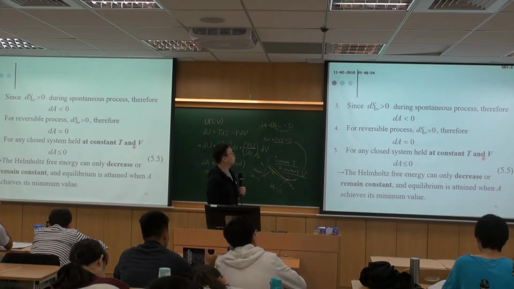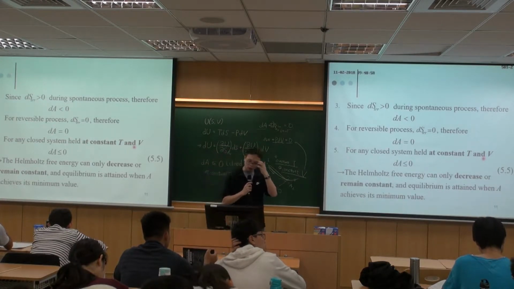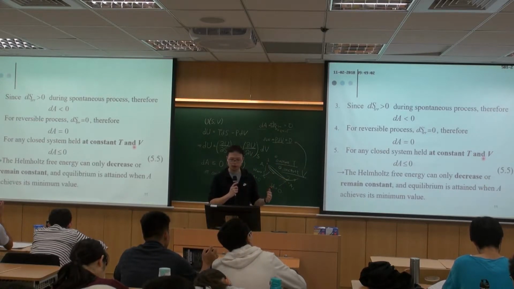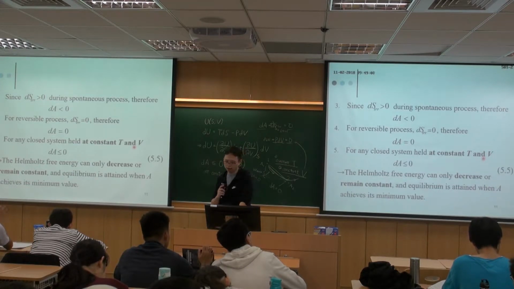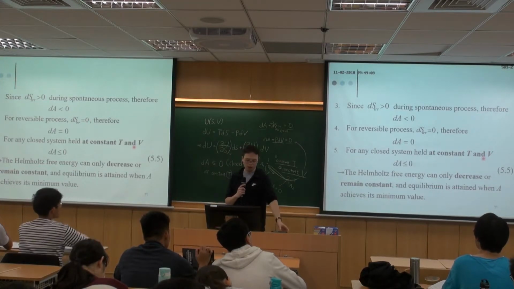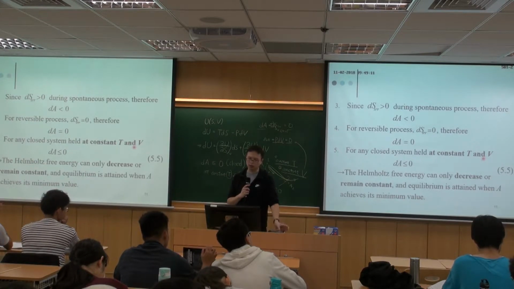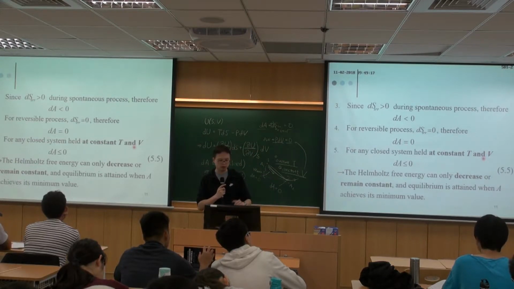But since maybe some of you are more into chemistry, you will see a lot of Gibbs free energy. For instance, for the next semester of thermodynamics, in the later half of this textbook, a lot of things are discussed in terms of Gibbs free energy instead of Helmholtz. Okay.